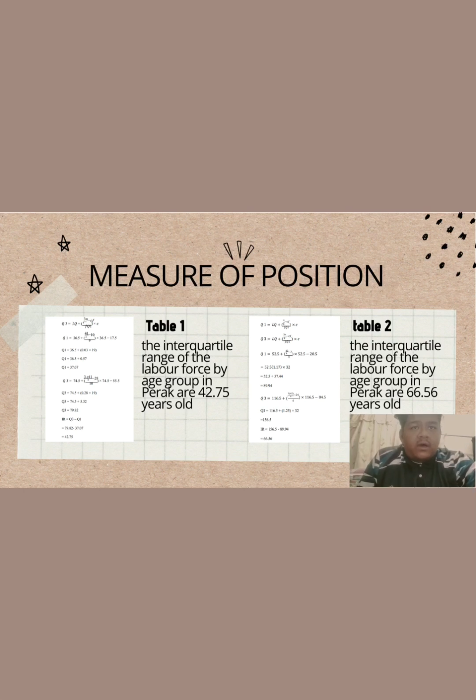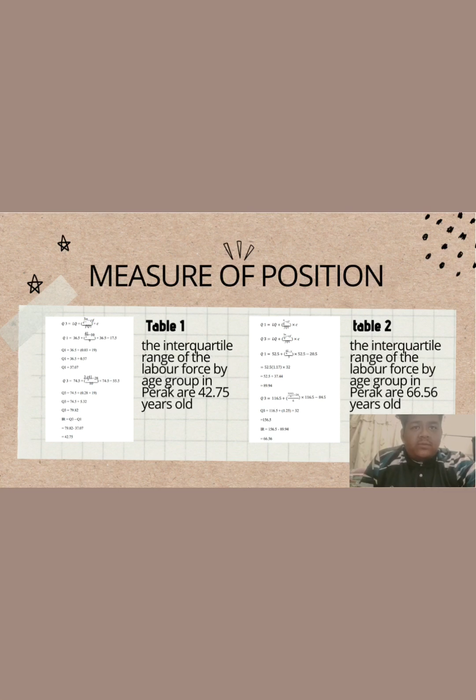From table 1, the value of quartile 3 is 79.82 and the value of quartile 1 is 27.07, and then we get the interquartile range, Q3 minus Q1, equal to 42.75.